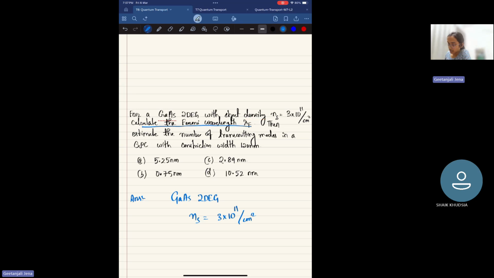Calculate the Fermi wavelength lambda F and then estimate the number of transmitting modes in a quantum point contact with a constriction width of 120 nanometer. So first we need to calculate the Fermi wavelength. Given that the sheet density is 3 times 10 to the 11, and it is a two-dimensional electron gas.